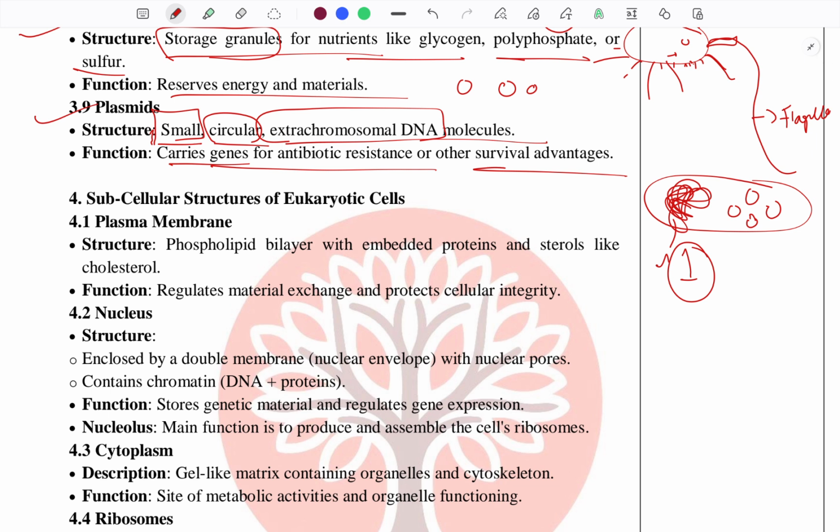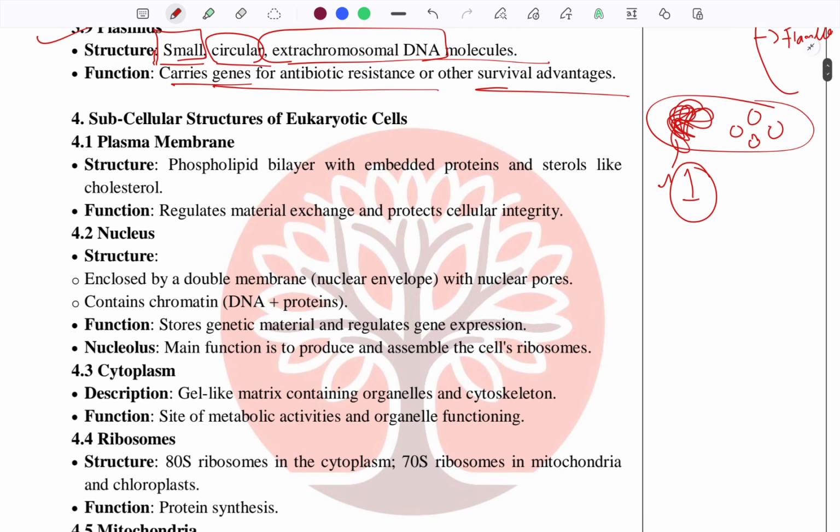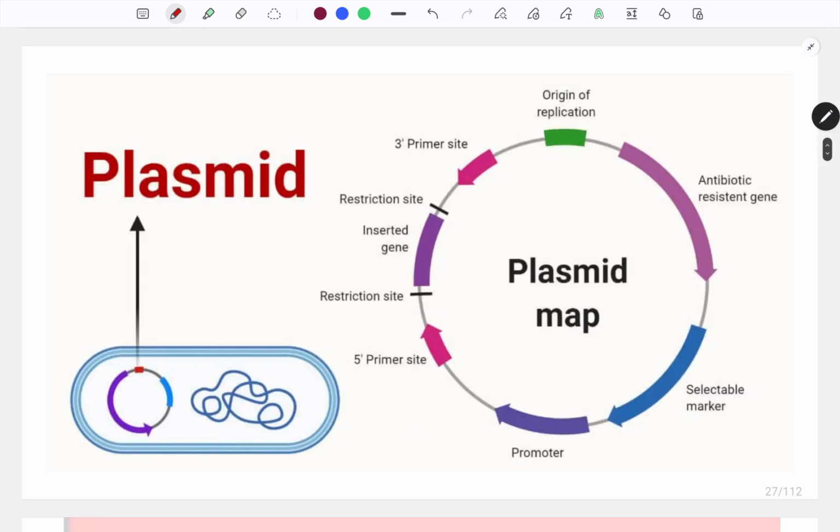So if some bacteria are resistant to some particular antibiotics, or are surviving in an extreme condition, that particular gene may be present not in the bacterial chromosome, but in a plasmid. So this is how a plasmid will look. As I told before, it will replicate independent of the genetic material.